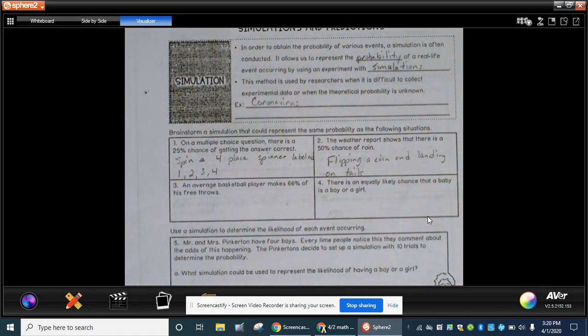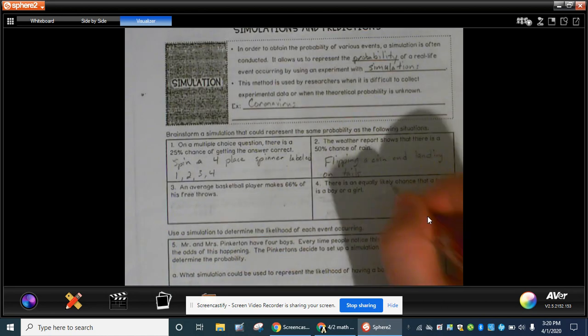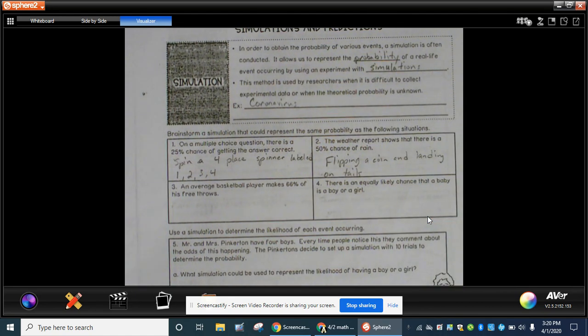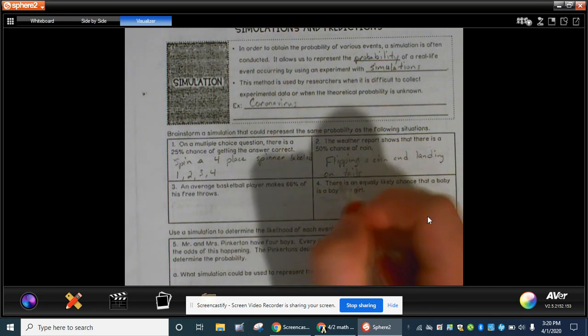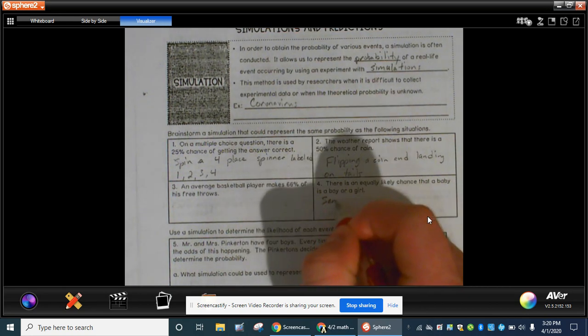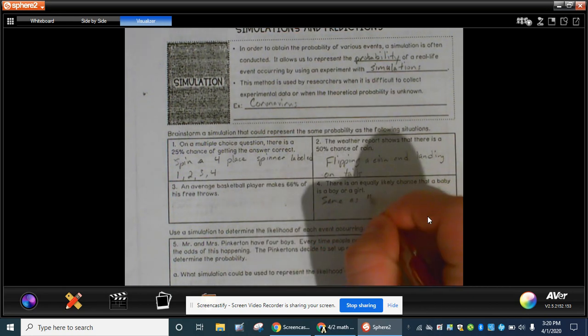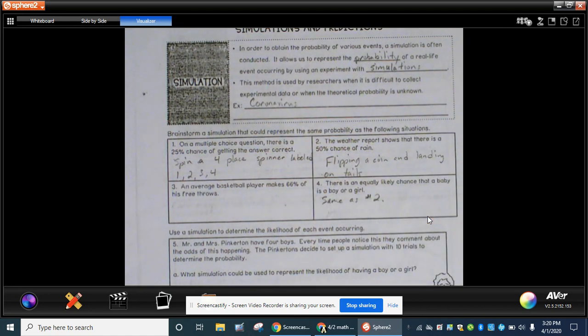That would be a simulation that we could use to represent the same thing here. And actually, number two would be the same thing for number four. So there's an equally likely chance of a baby being a boy or a girl. So I could say the same as number two.